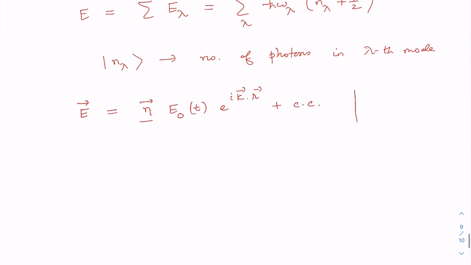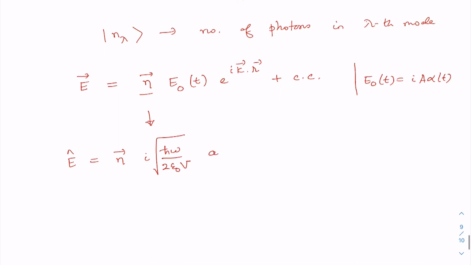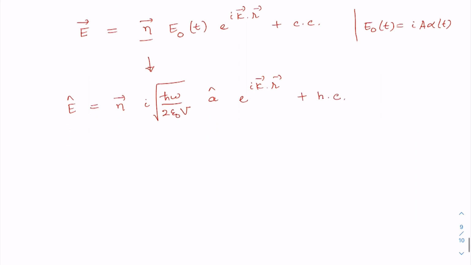Now also note that E0t we write as I a alpha of t. Now when we have quantized it, electric field has become now an operator. So I can now write it like this: E0t here I a, we have already taken h cross omega by twice epsilon 0 v under root, and alpha of t is now represented by this operator, annihilation operator. Then I have e to the power I k dot r, and this complex conjugate in quantum mechanics would basically be the Hermitian conjugate.